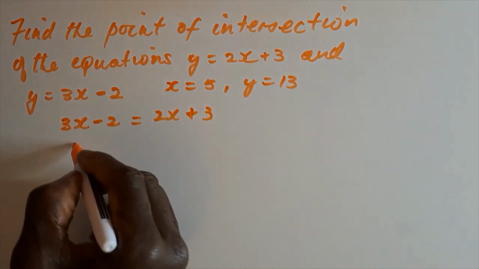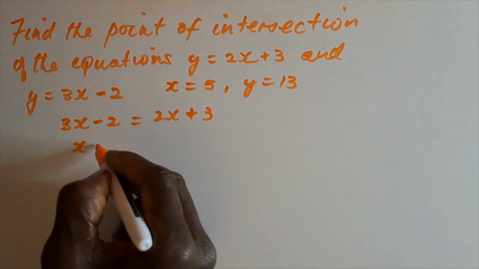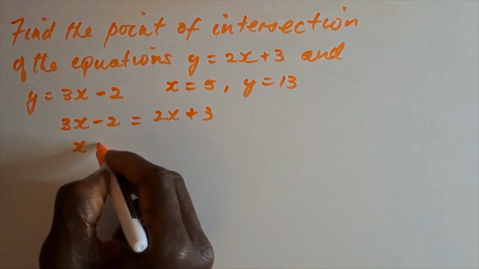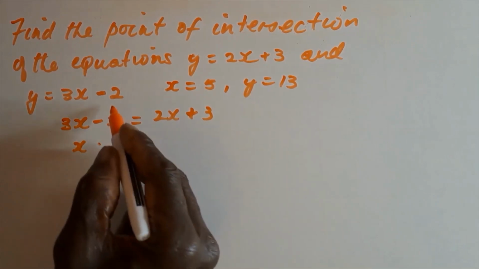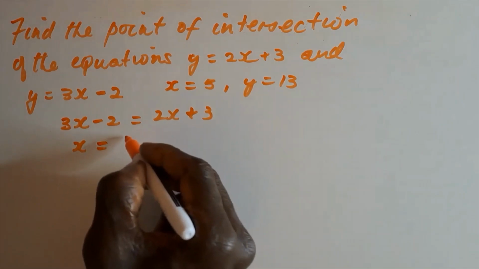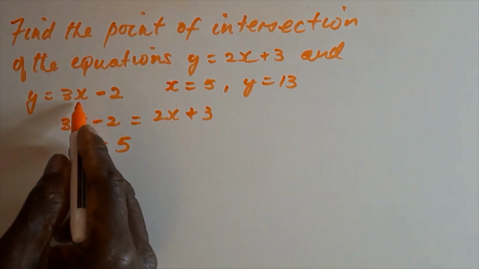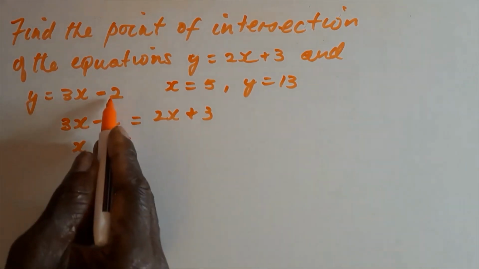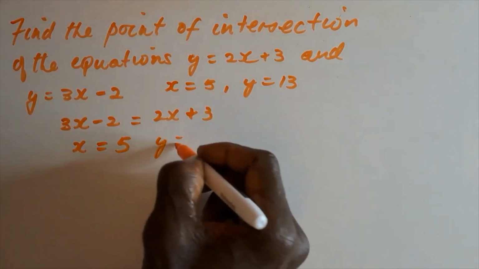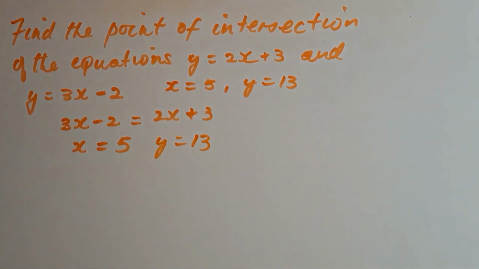and we can have here that x is equal to 5. We substitute x equal to 5 here, we have 15 minus 2, so y is equal to 13.